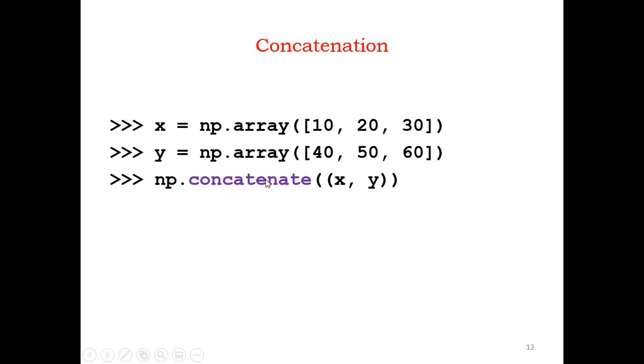So np.concatenate is the method, and inside that you write what will be concatenated with the other: first x and then y, put in the form of a tuple. So this is the concatenated array, 10, 20, 30, the first array, and then 40, 50, 60, the second array.